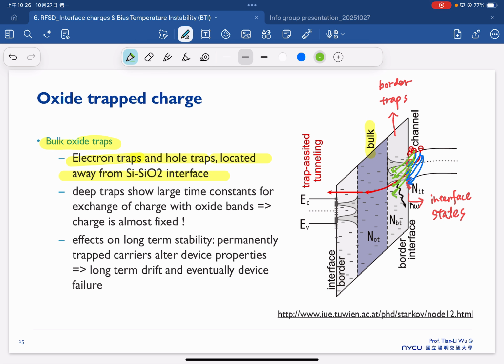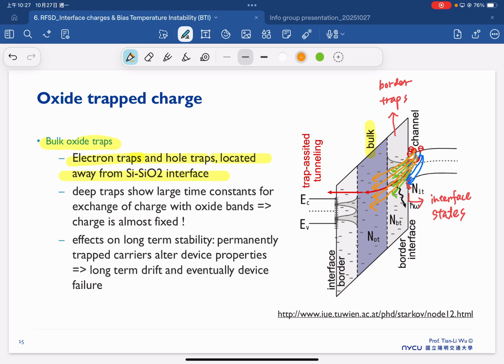And as long as our bias is large enough, the electrons can be further trapped inside the bulk region, in the end causing bulk oxide traps.